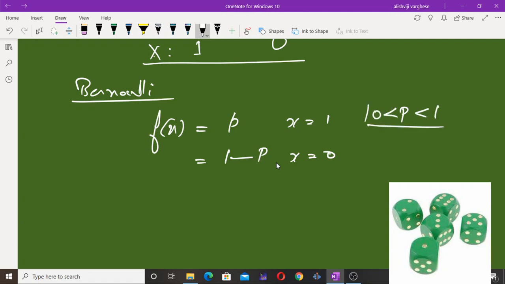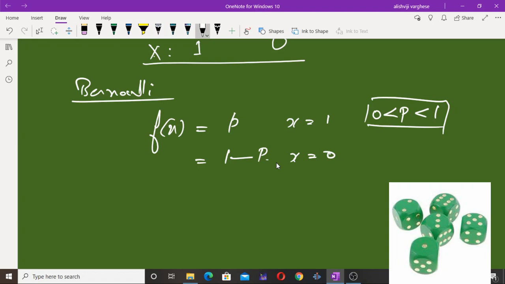As the value of p varies between 0 and 1, we can have different Bernoulli trials or Bernoulli random experiments. So this is the general form of the PDF of a Bernoulli random experiment. Now, p is the probability of success, and 1 minus p is the probability of failure.